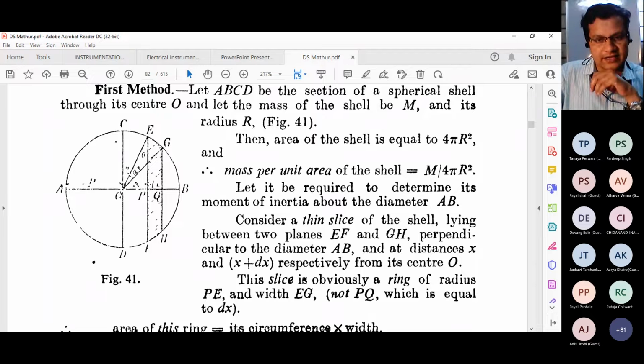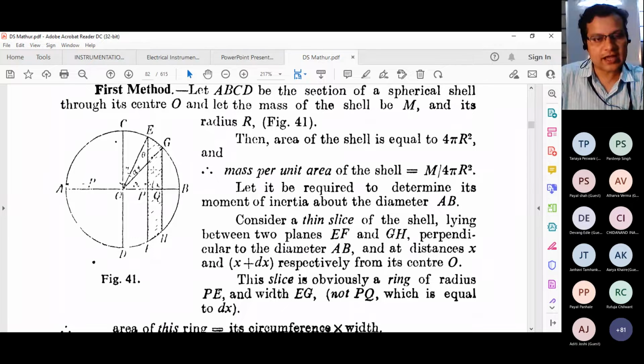We have x plus dx. This thin slice is obviously a ring of radius PE. Where is PE? Let me draw the perpendicular here. EF and GH are perpendicular to the diameter, so the slice is placed at a distance x plus dx. If I draw the perpendicular from E to P, PE gives the radius.